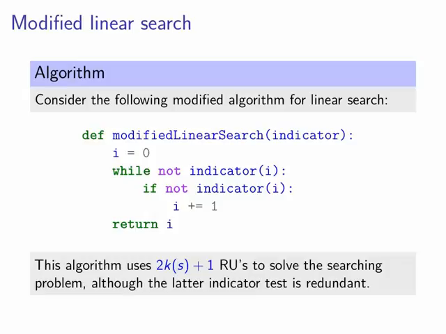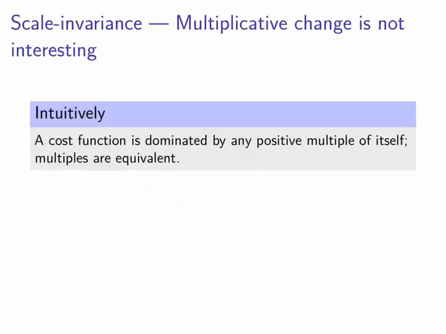So it's almost 2 times by just adding 1 line. Since it's so easy to make multiplicative changes to an algorithm, we declare that those changes are not interesting to us. So if we multiply a cost function by a positive real number, then we say that those multiples are equivalent.